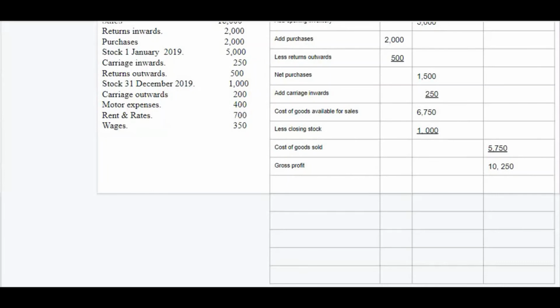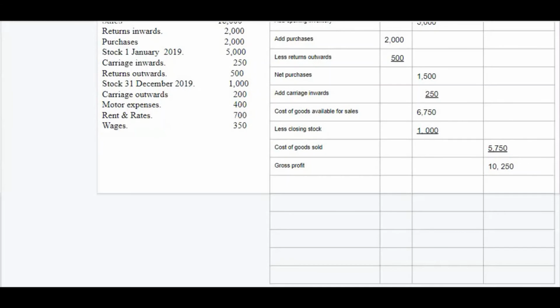Now, to find net profit, you will simply add all the business expenses. Different businesses vary. So expenses, as you can see, here we have some expenses like motor expense, rent and rates, wages, carriage outwards. Some businesses have insurance, they have general expenses, they have transportation expense.